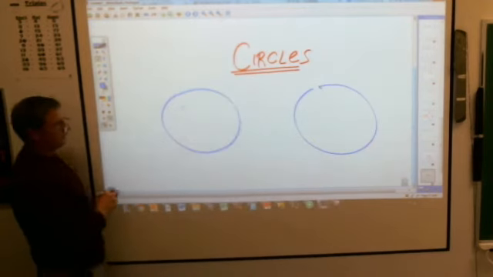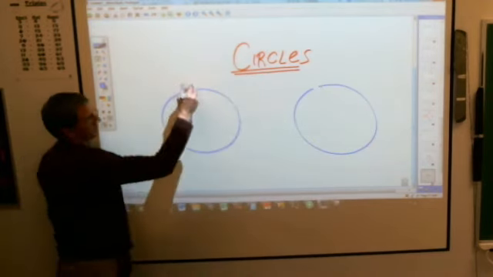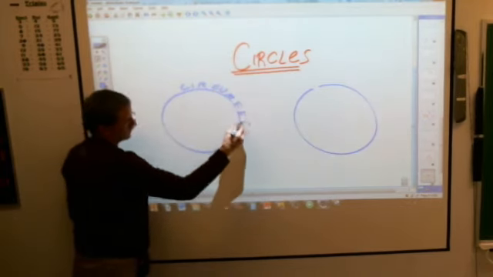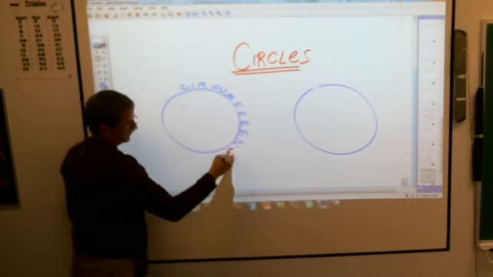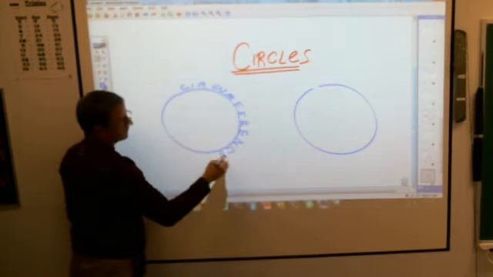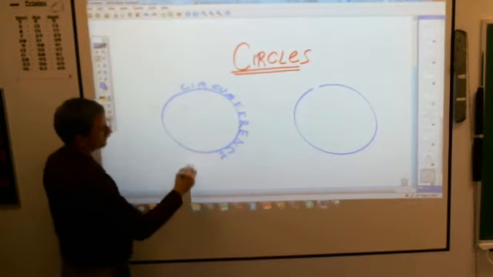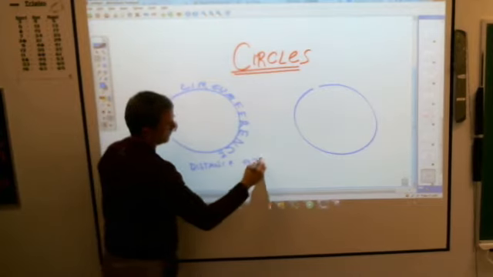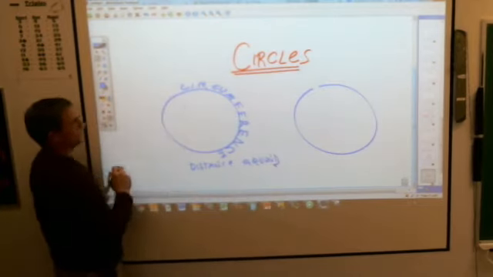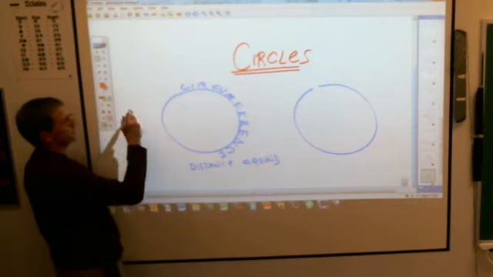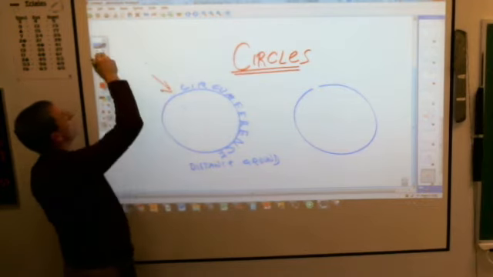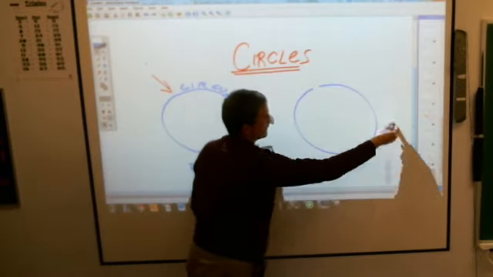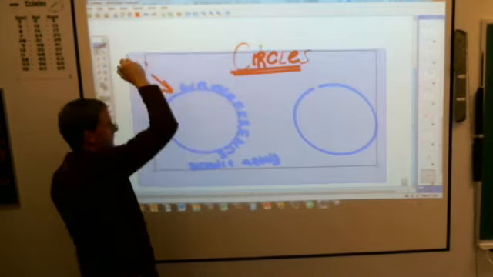Basically, we're going to talk about two different things with circles. One of them is the circumference, which is the distance around. And what is my circumference formula?